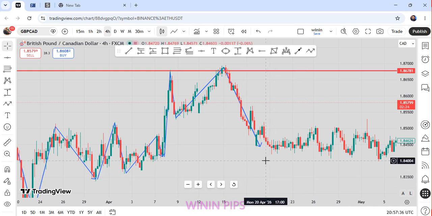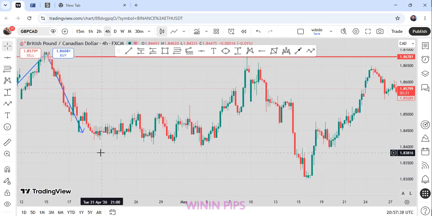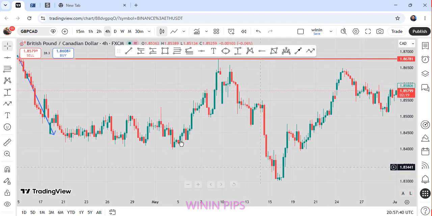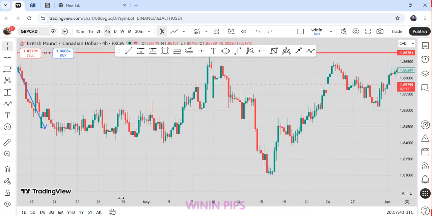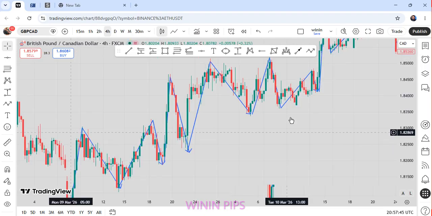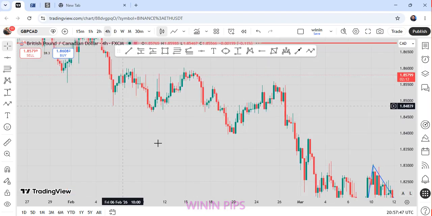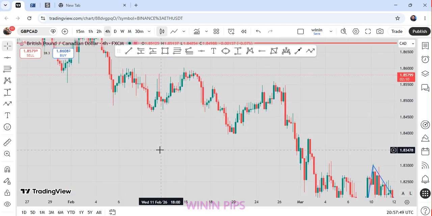So this is how we will go about it. There are key principles that drive the market, so just be practicing. Look at how the market moves.